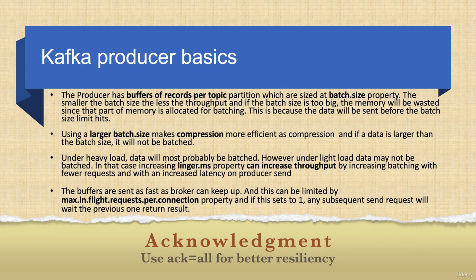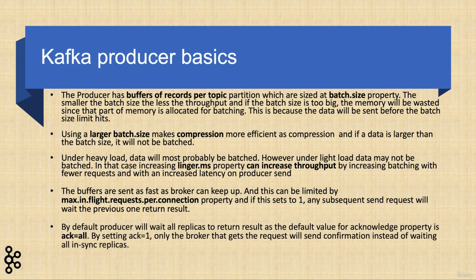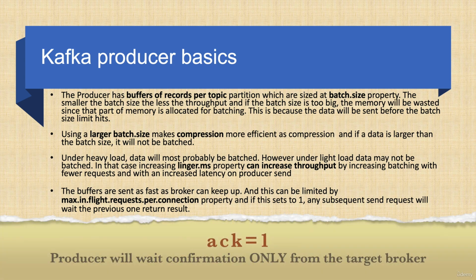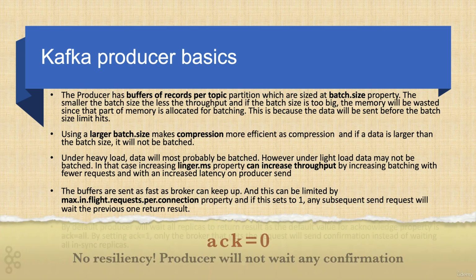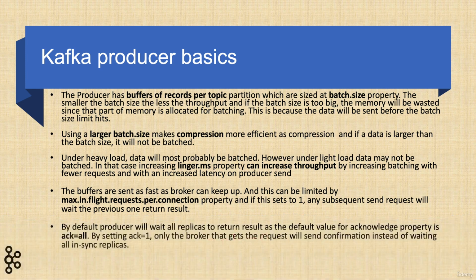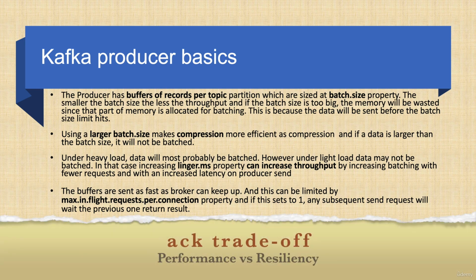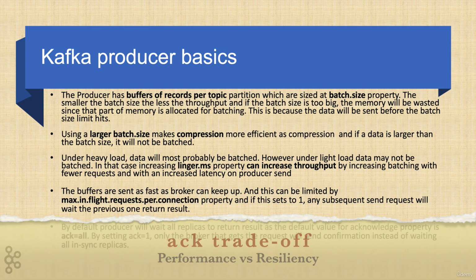By setting acknowledge to 1, only the broker that gets the request will send confirmation instead of waiting for all in-sync replicas. And if you set acknowledge to 0, you can skip confirmation. But be careful, in that case, you will lose resiliency totally. So there is another trade-off here between performance and resiliency, as you can see.